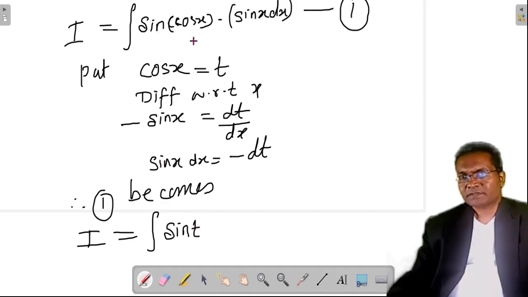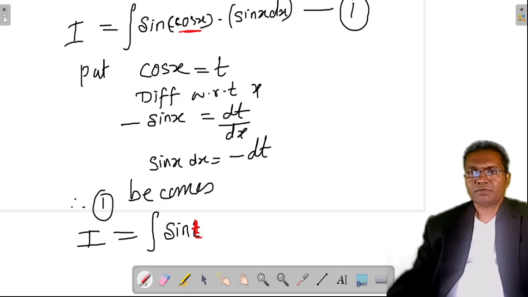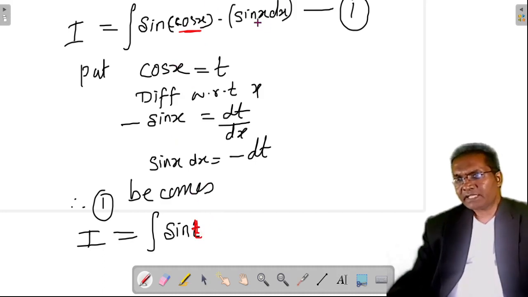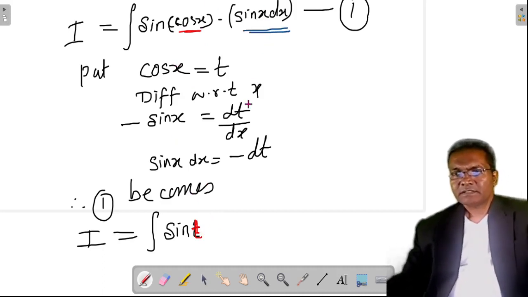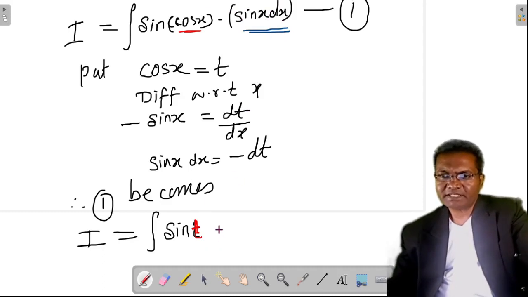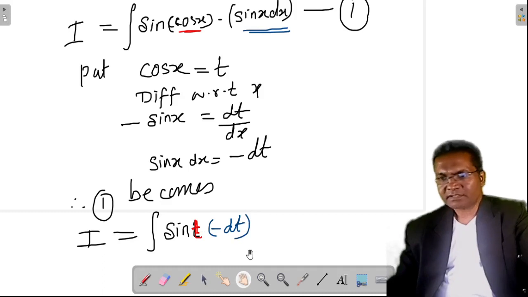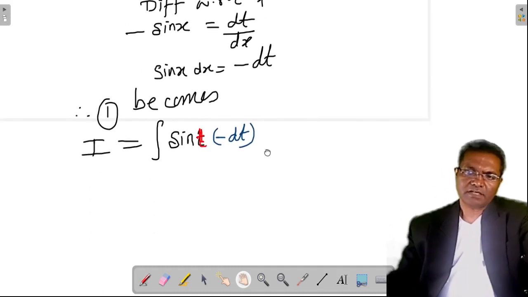Remember, this cos x means t, into this sin x dx. This sin x dx is minus dt, and you have to write it in brackets.